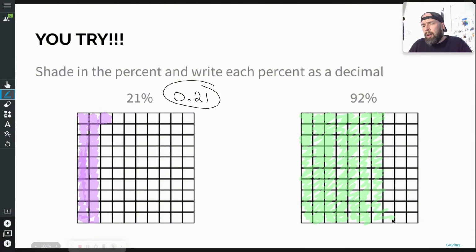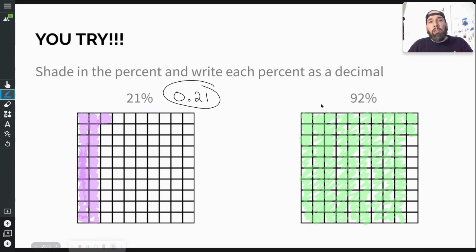Leave a comment. 80 is taken care of, so let's do this. Covering the 9th row will be 90%, 91, 92. So 92% is most of it, almost the whole thing.